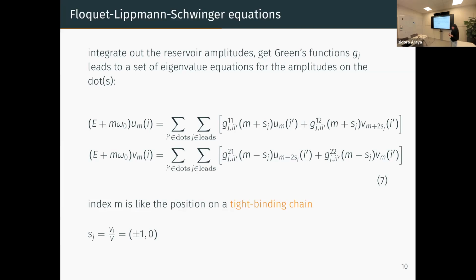And then we have a non-local Green's function, which is the one that contains the coupling between the 2 dots. It has the information that you have some non-local Andreev reflection through the middle superconductor. And the M's are the Floquet chain position.